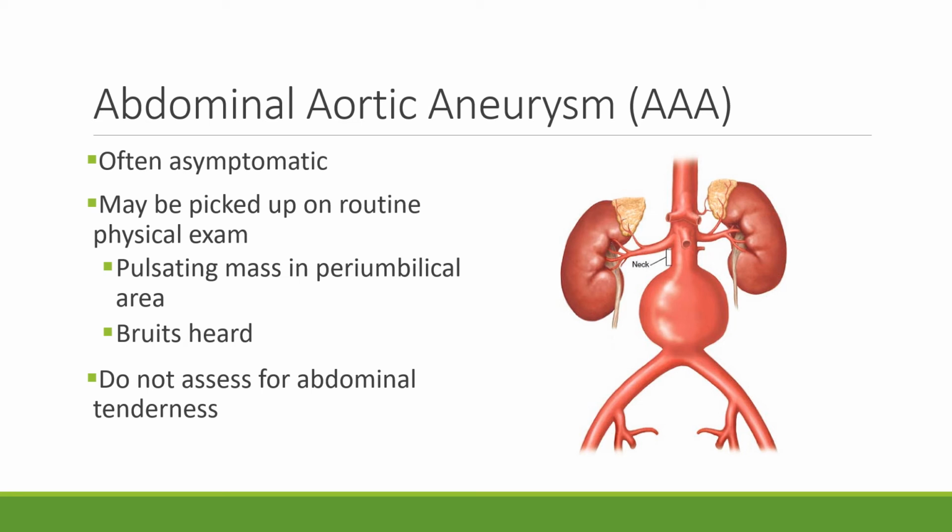But a pulsatile mass in the periumbilical area may be present, and bruits as well may be auscultated over the aneurysm. Again, it is challenging to find these physical changes when an individual patient is obese.